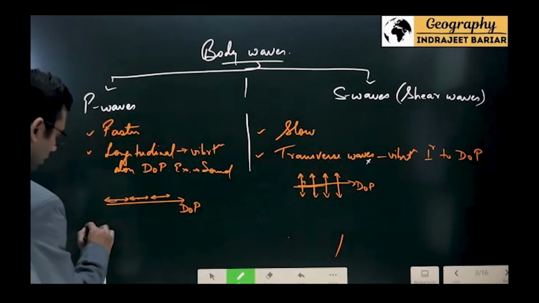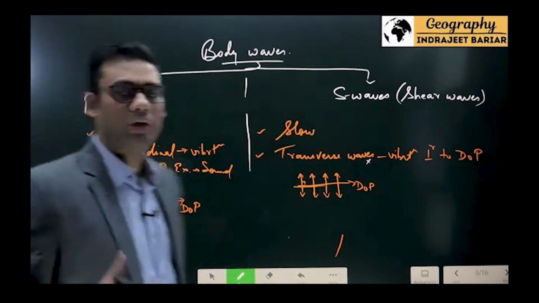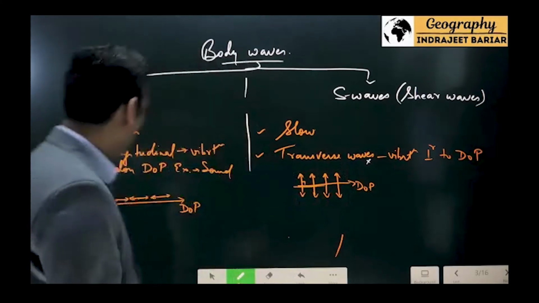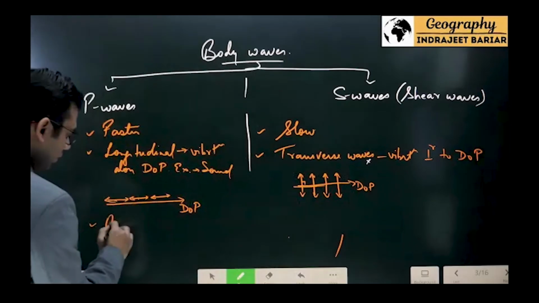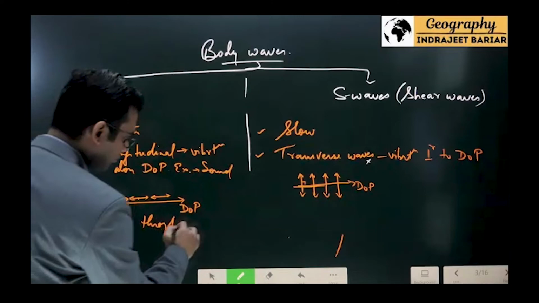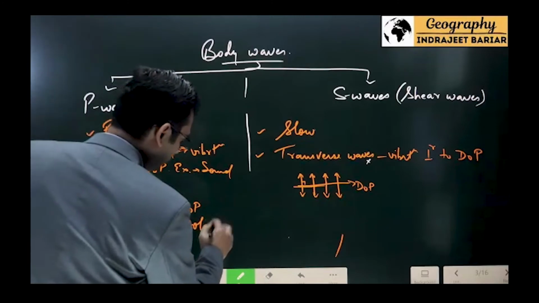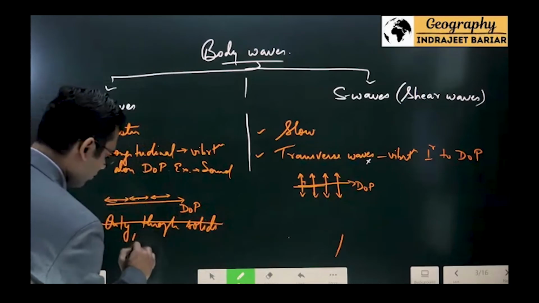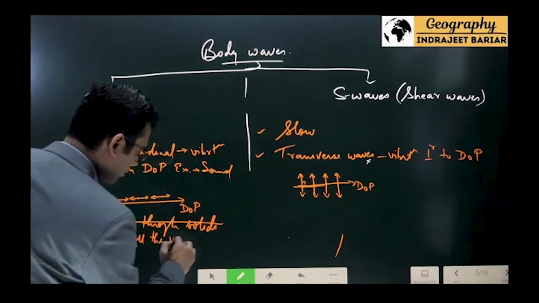Along with that, another important difference is in terms of the medium through which these waves pass. And more importantly over here, P waves can pass only through solids. Sorry, P waves can pass through all the mediums.